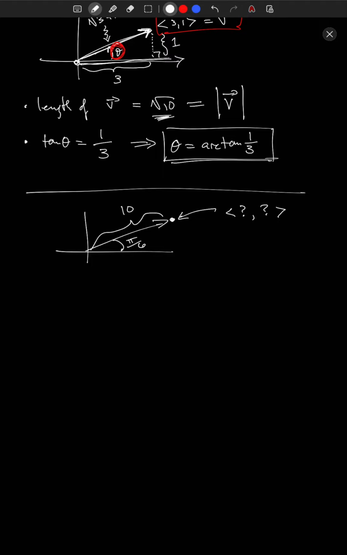And this is really useful because if you're given a vector in terms of the geometric aspect, its magnitude and its direction, then we would like to be able to work with it algebraically, which is going to require these two numbers here. And again, this is where our trig comes in.